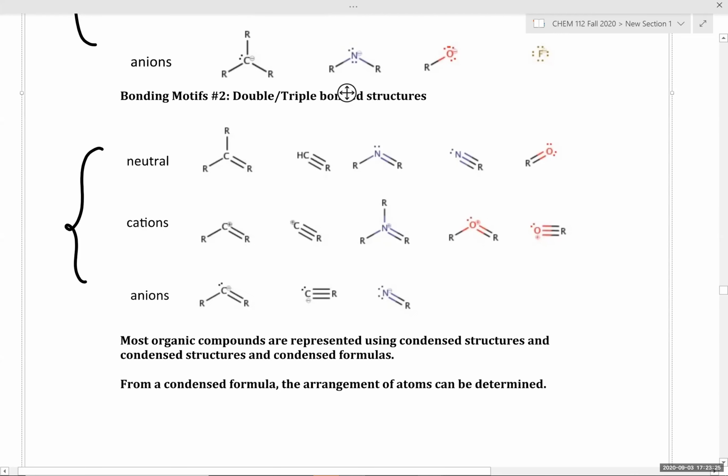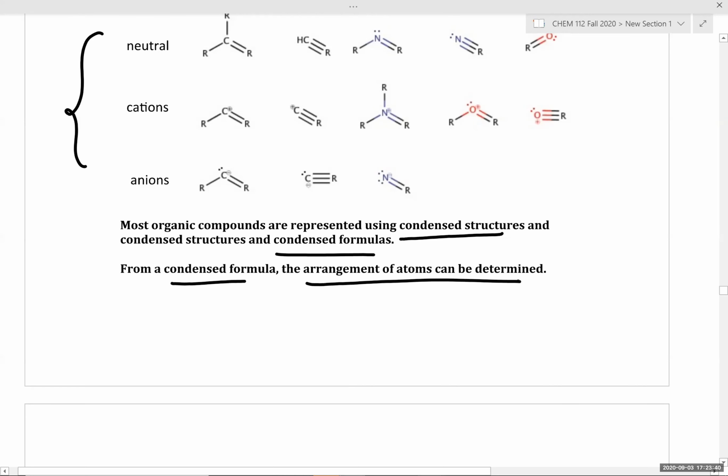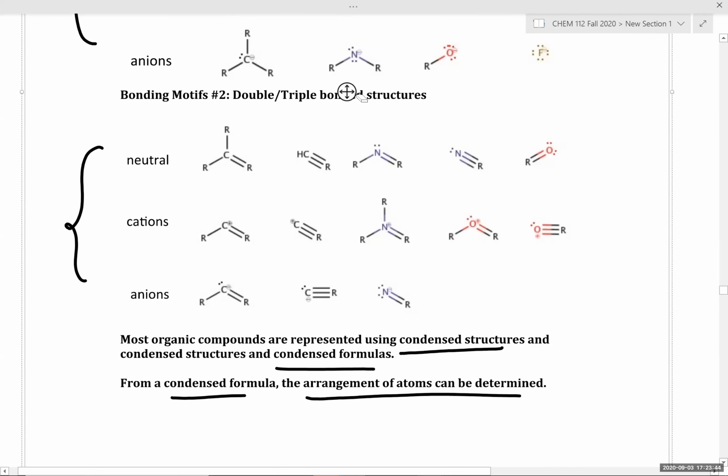Now, the reason why I'm providing you these bonding motifs is that most organic compounds are represented using condensed structures and condensed formulas. And from condensed formulas, the arrangement of atoms can be determined, and it makes it very easy to identify these different bonding motifs.